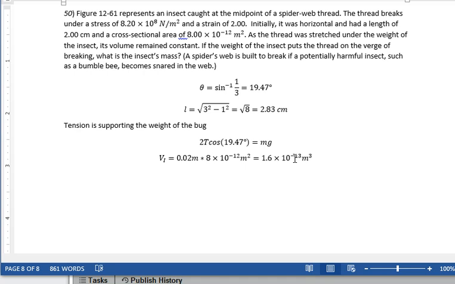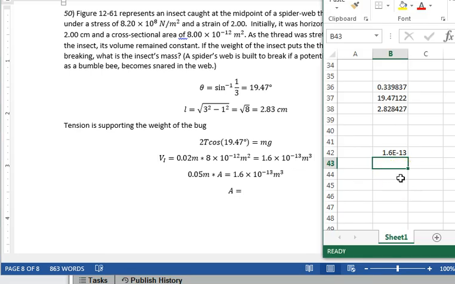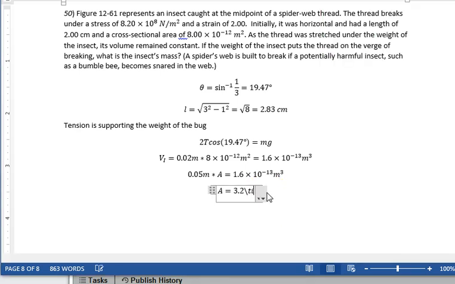It still has that volume, so what we're looking for is the cross-sectional area, because it's now 0.06 meters long times a new area equals 1.6 times 10 to the minus 13 cubic meters. So the area is 1.6 times 10 to the minus 13 divided by 0.06, which is 3.2 times 10 to the minus 12 square meters.